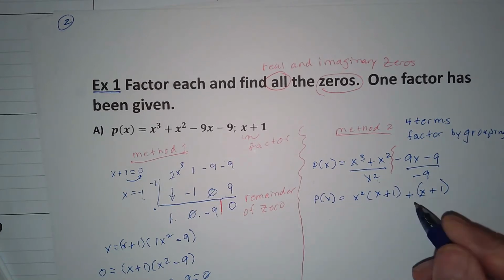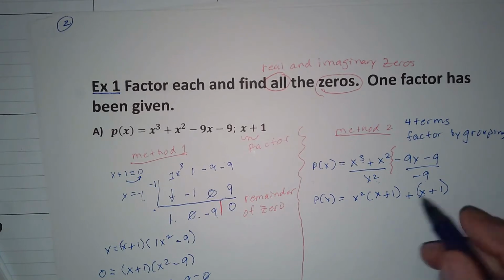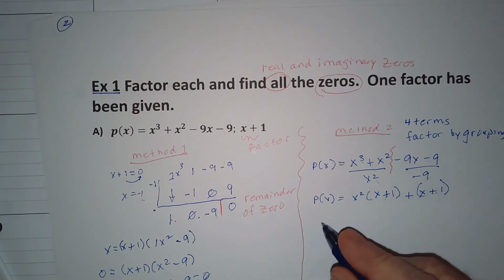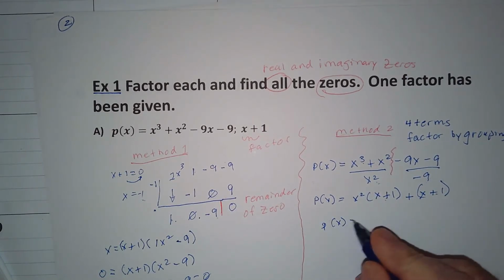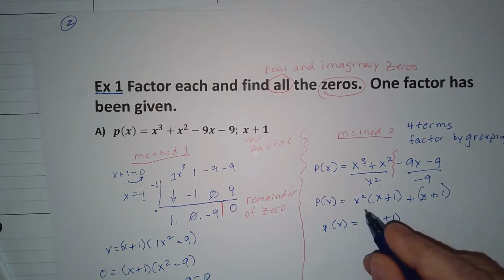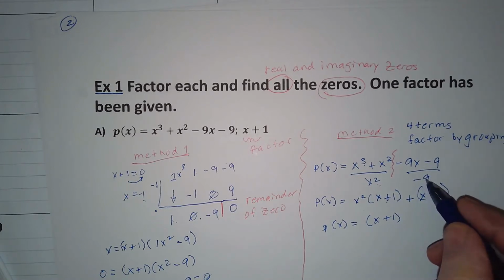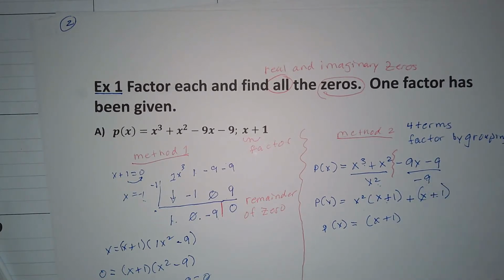So we can clean that up now. First of all, we have an x plus 1 here, right? So p of x equals x plus 1, and then I have x squared, and I had a negative 9 over here. We forgot about putting that negative 9 in.